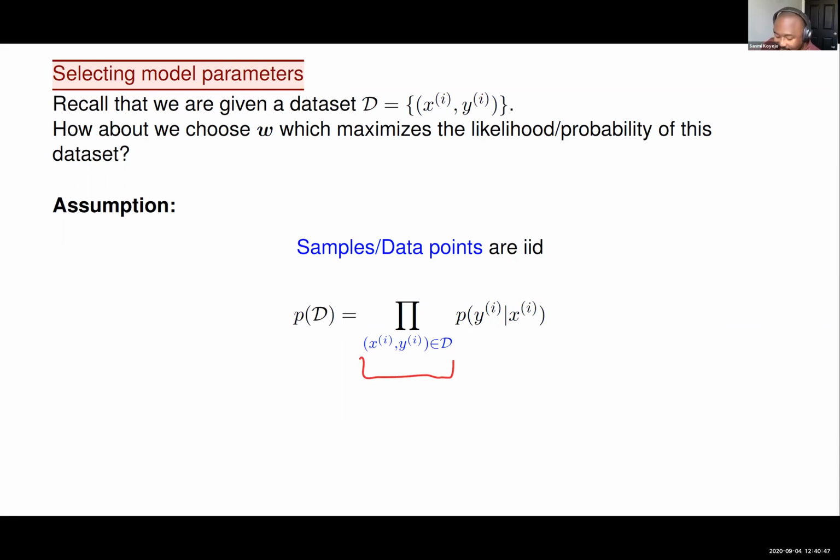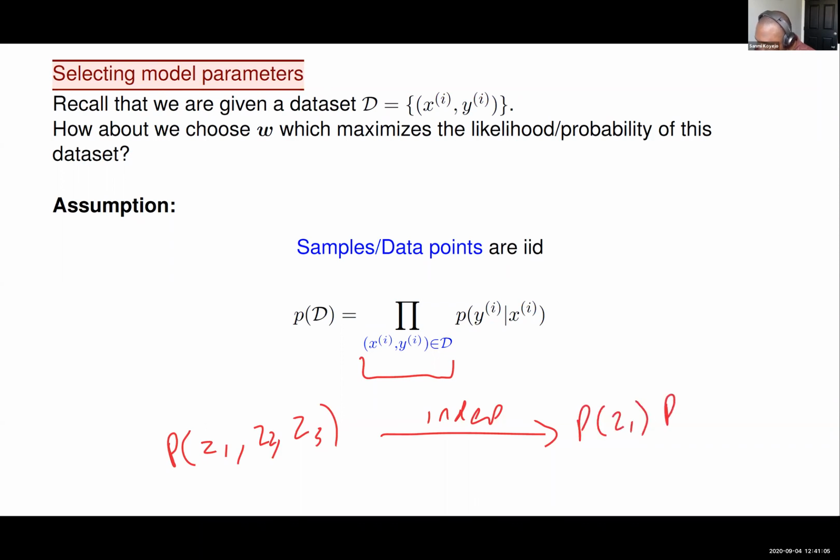To refresh your memory, P of Z1, Z2, Z3. If I say that these are independent, it implies that this is equal to P of Z1 times P of Z2 times P of Z3. So a quick refresher on one of the properties of independence in the distribution.